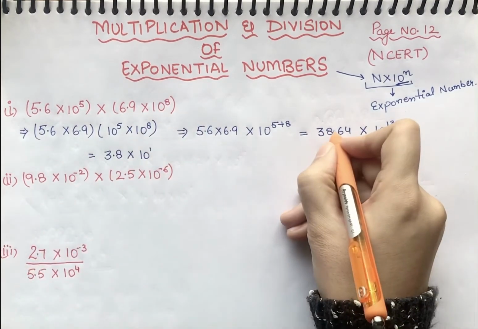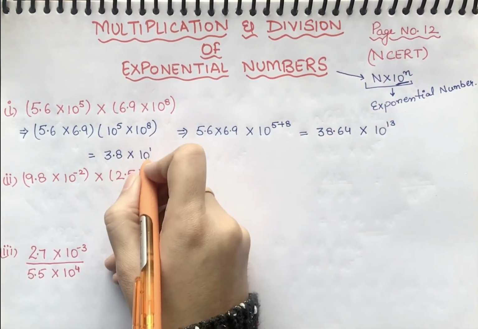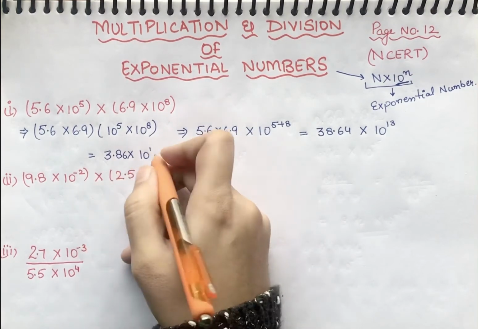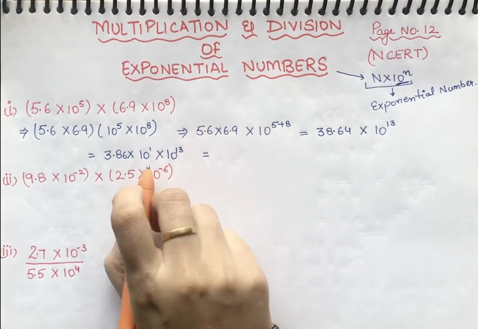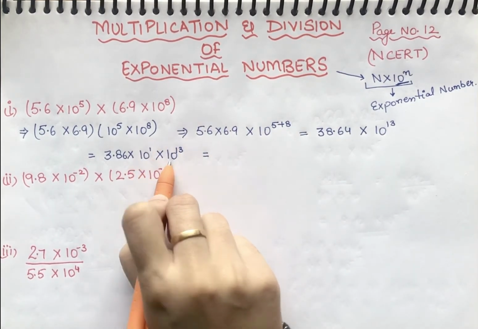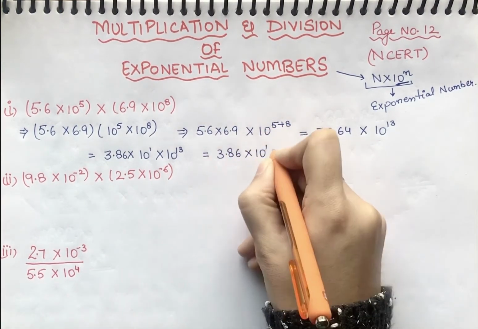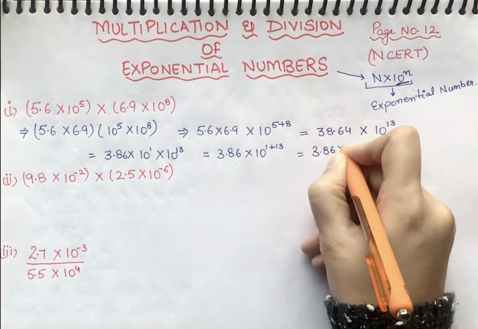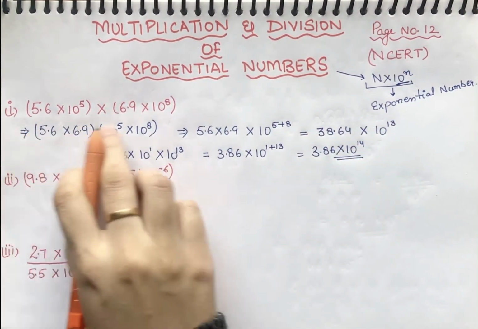I am shifting the decimal from right to left, so it will be 10 raised to power 1. You can write the rest as 3.864 into 10 raised to power 1 into 10 raised to power 13. Since powers in multiplication are added, it will be 3.864 into 10 raised to power 1 plus 13, that means 3.864 into 10 raised to power 14. This is your final answer in terms of multiplication.